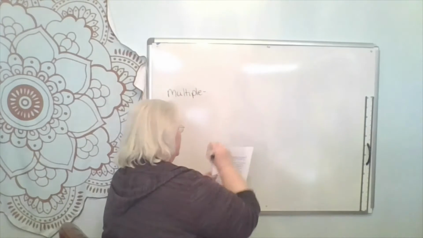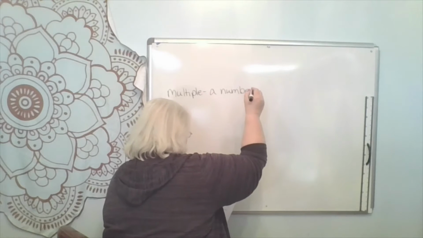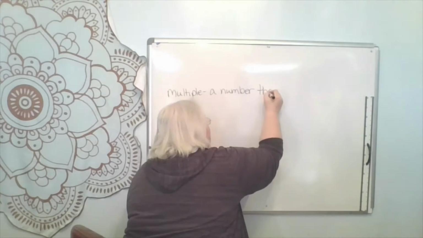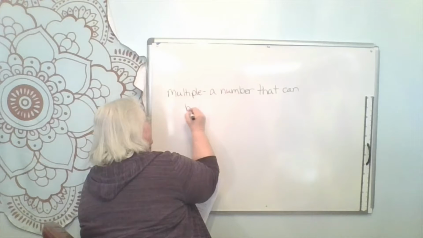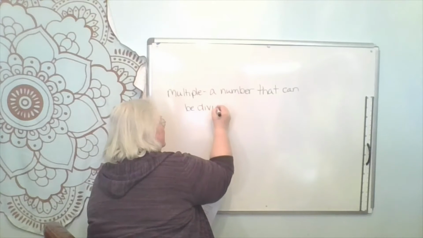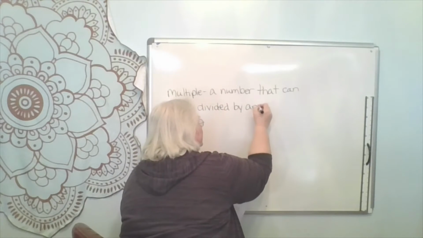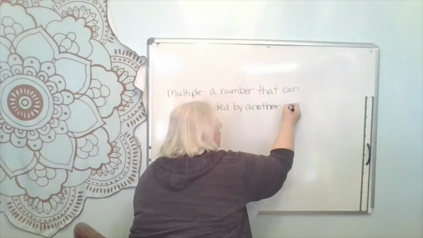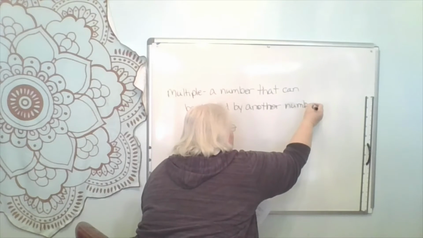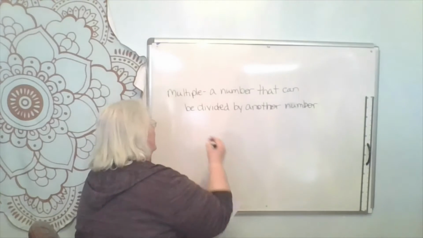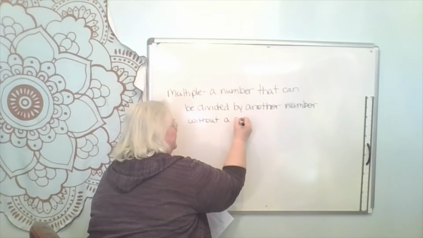let's see, a multiple is a number that can be divided by another number, my writing is getting bad, without a remainder.